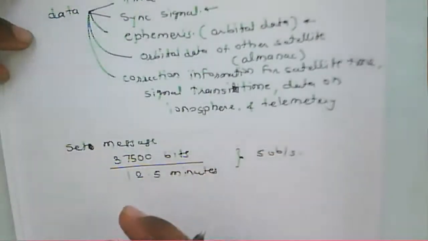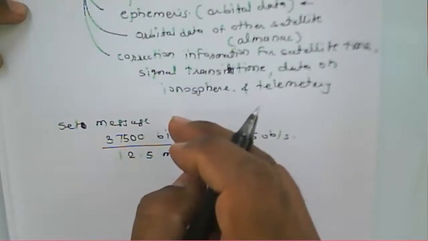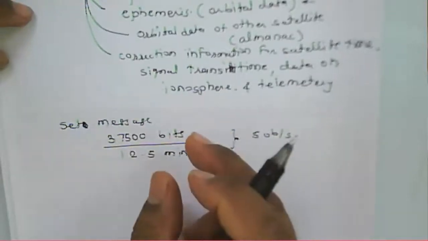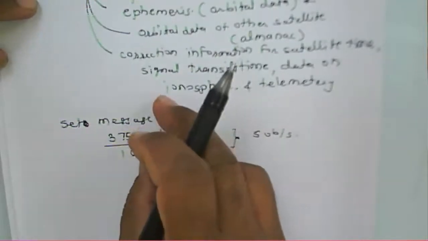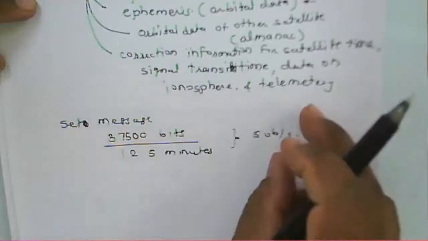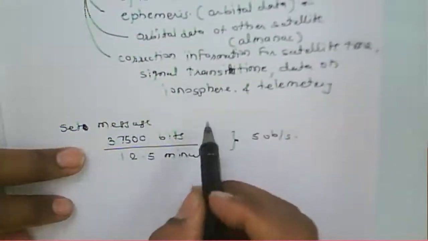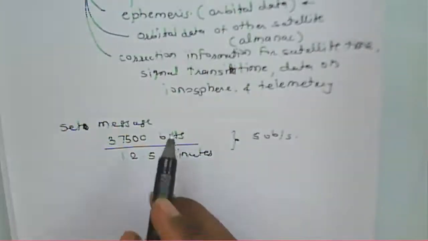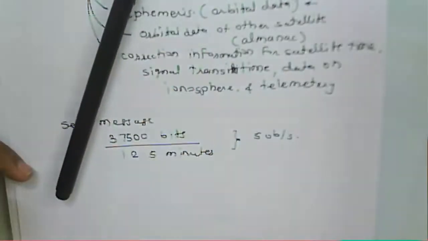Once that message is transmitted by the satellite, what will happen? That satellite data will enable the GPS receiver to compute the position of the satellite and the timing of transmission of the satellite.